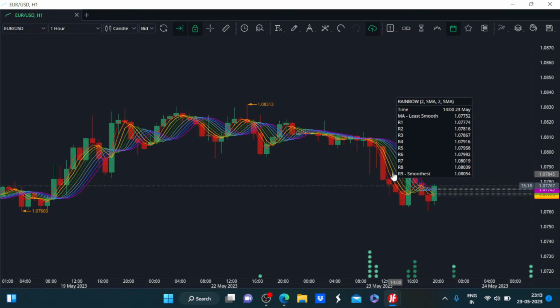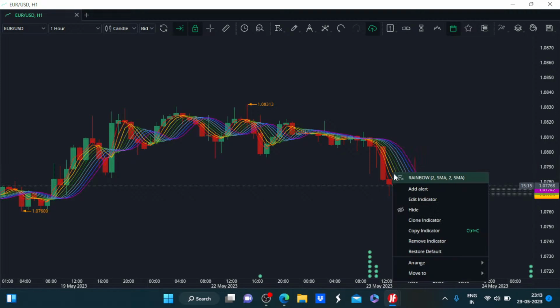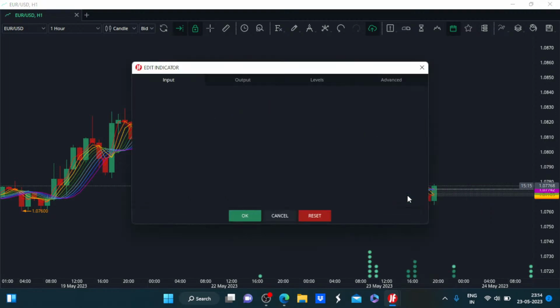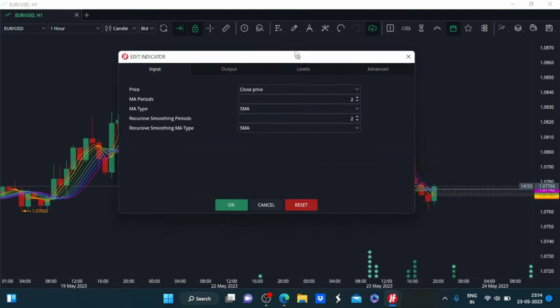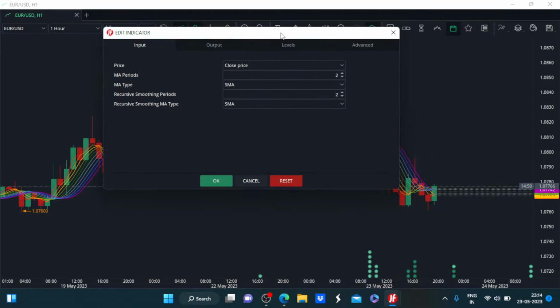Now let us see what we can do in terms of further customization. Of course, you can vary the calculation period, but the default setup is to keep this indicator as responsive as possible. If you increase the moving average period and the recursive smoothing period, you will see that the responsiveness is going to suffer.